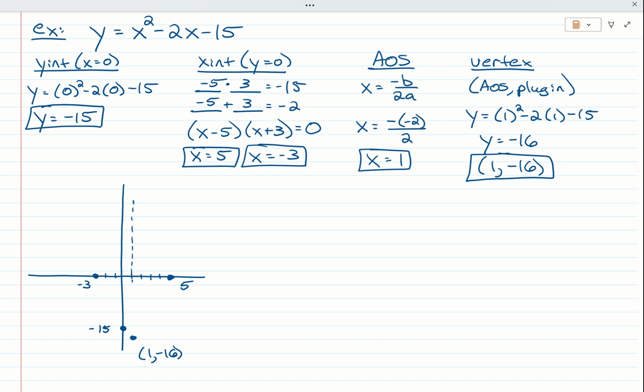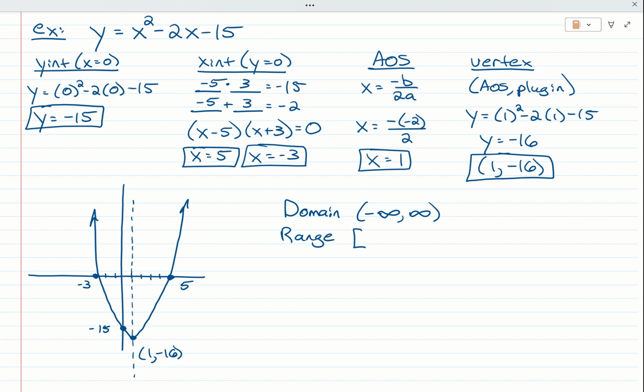So we get this beautiful looking graph. It's quadratic, so it looks like a parabola. The domain of this graph would go left and right forever. And when we're talking about the range of this graph, the lowest the graph goes is negative 16, and it goes up forever. So that's all review.